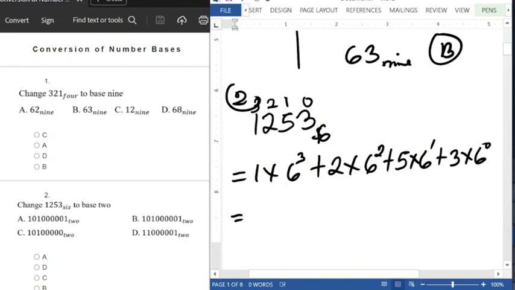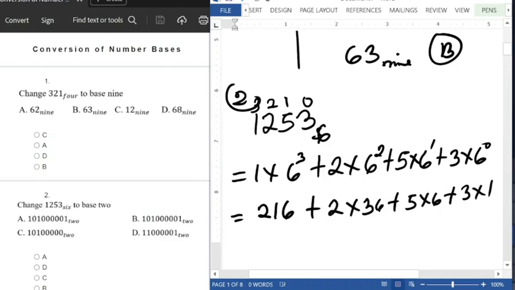So 6 raised to 3 gives us 216, plus 2 times 6 raised to 2, which is 36, not 12, plus 5 times 6, plus 3 times 1.